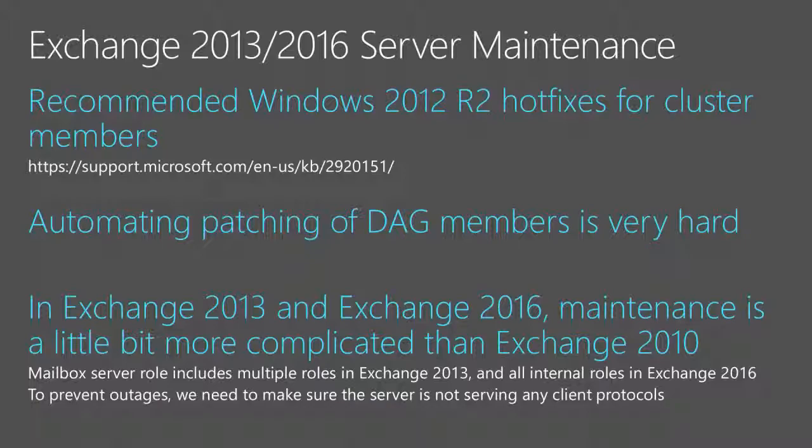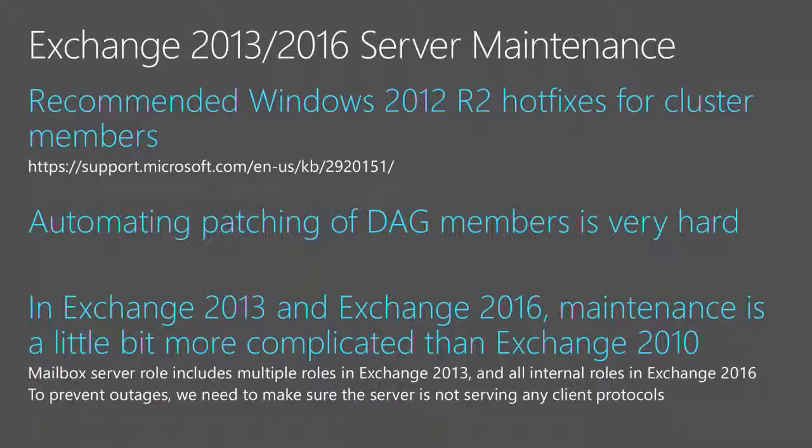And in terms of deploying hotfixes and patches, that's very difficult to automate. I have yet to run into a single customer who's been successful in automating patching of their DAGs, simply because of the different scripts that need to be run and all the other work that has to go into it as well. Maintenance is a little bit more complicated in 2013 and 2016, especially when you consider something like 2016 that now has all the roles on it.